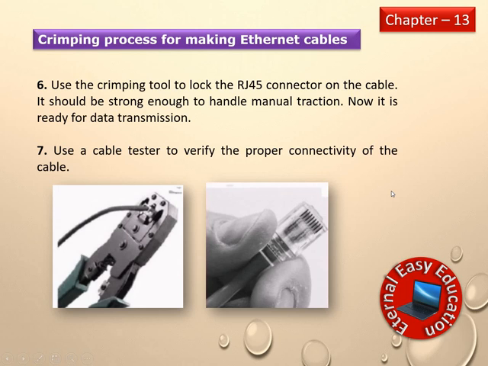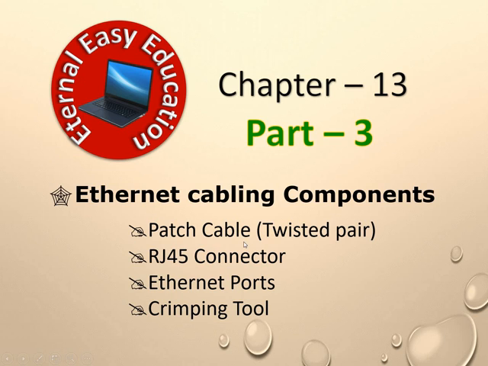So we have learned 4 components. The patch cable is the blue colored cable which has the twisted pair inside. Then the RJ45 connector is the end part with a plastic sheath. Then the Ethernet ports are the place where the connector is inserted. The Ethernet ports are expandable or built-in or wireless.